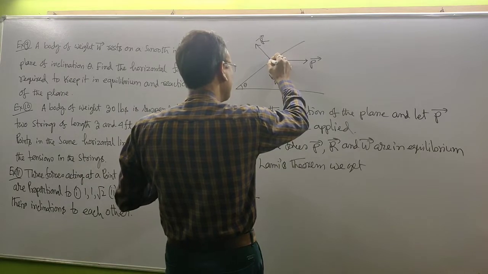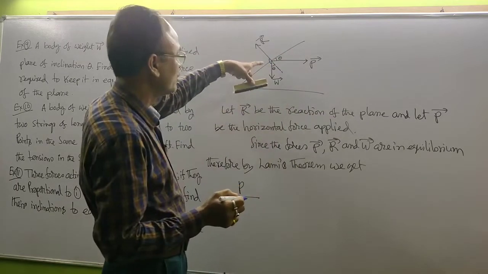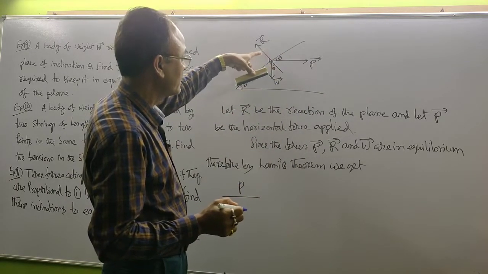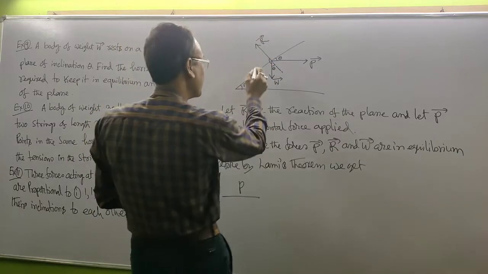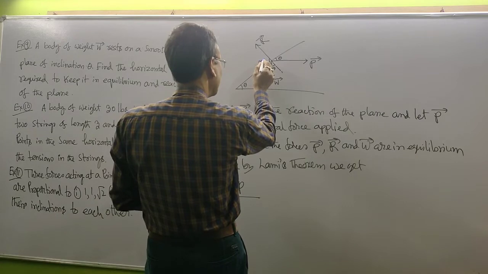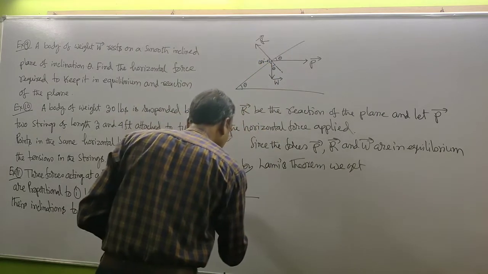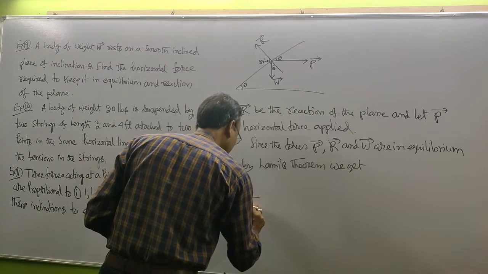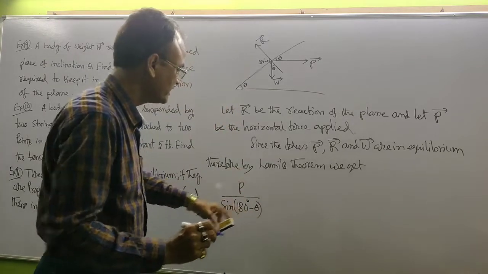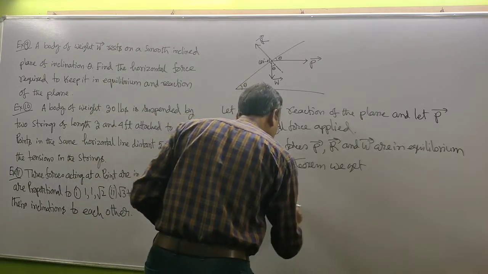What will be this angle? From this and this it is 180 degree, so this angle will be equal to 180 degree minus theta. Sine 180 degree minus theta. The magnitude of each force is proportional to the sine of the angle between the other two.